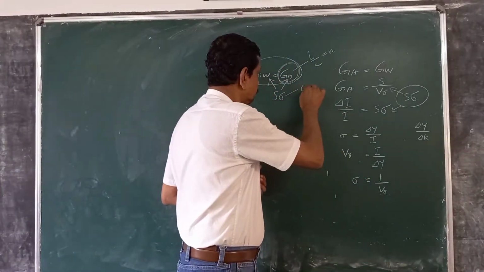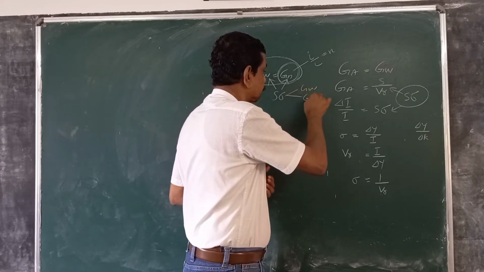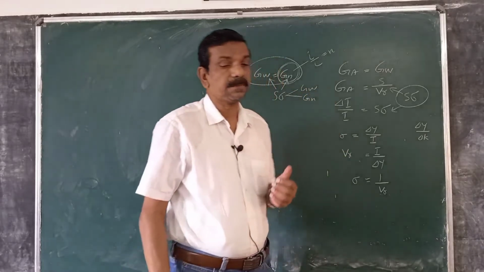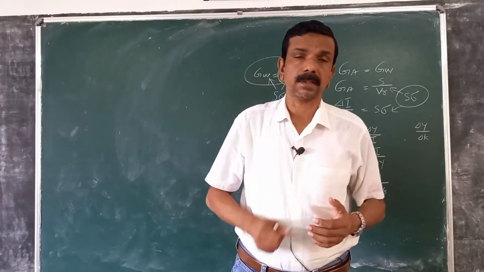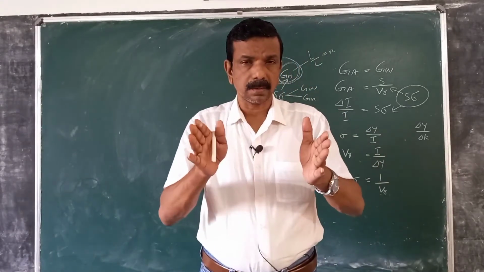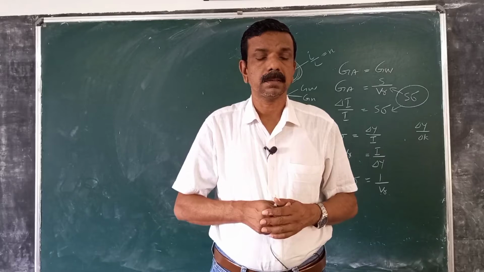In his definition of potential social average productivity, S sigma includes both GW and GN.